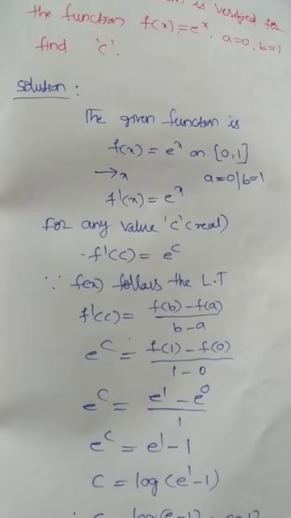Regarding both the theorems, you have to grasp the knowledge of what is the difference between Rolle's theorem and Lagrange's theorem, and what the conditions are that we are applying there. So these are the important things to remember.